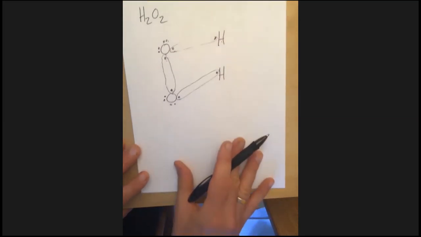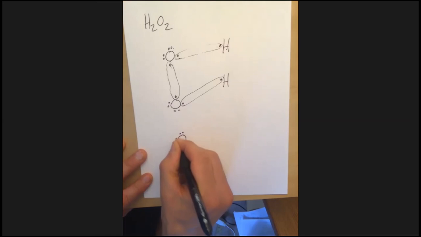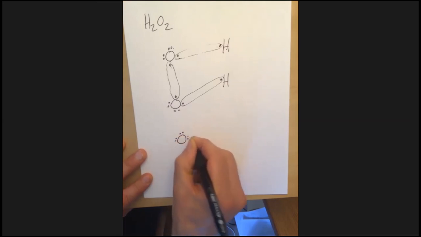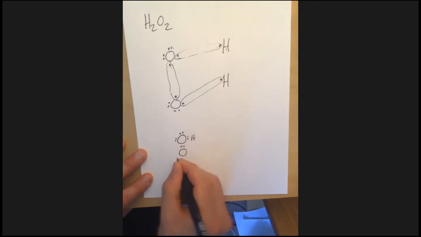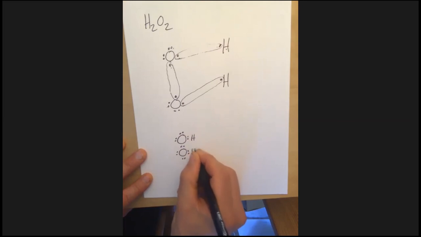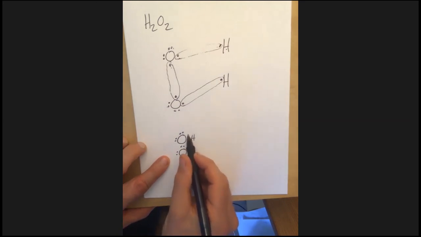And so I can be reasonably confident that something like that is a perfectly legitimate structure for hydrogen peroxide. And look at this. Here's my covalent bond.